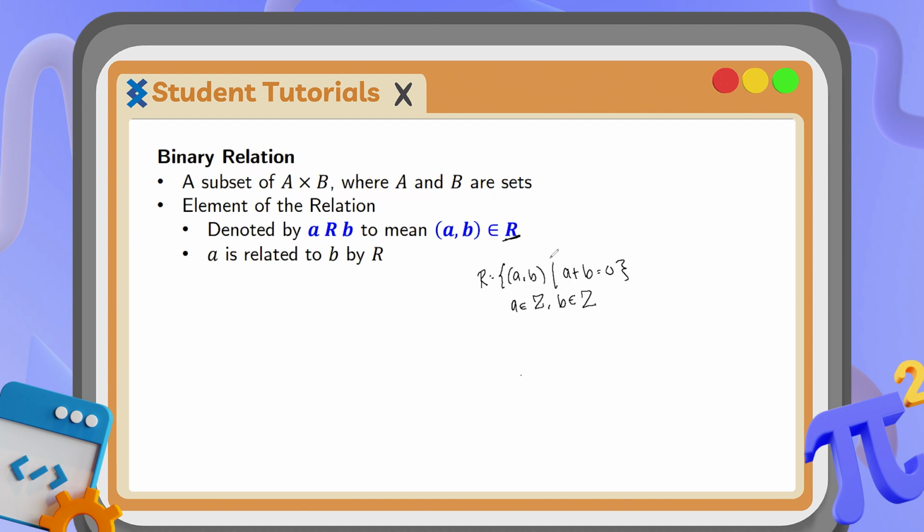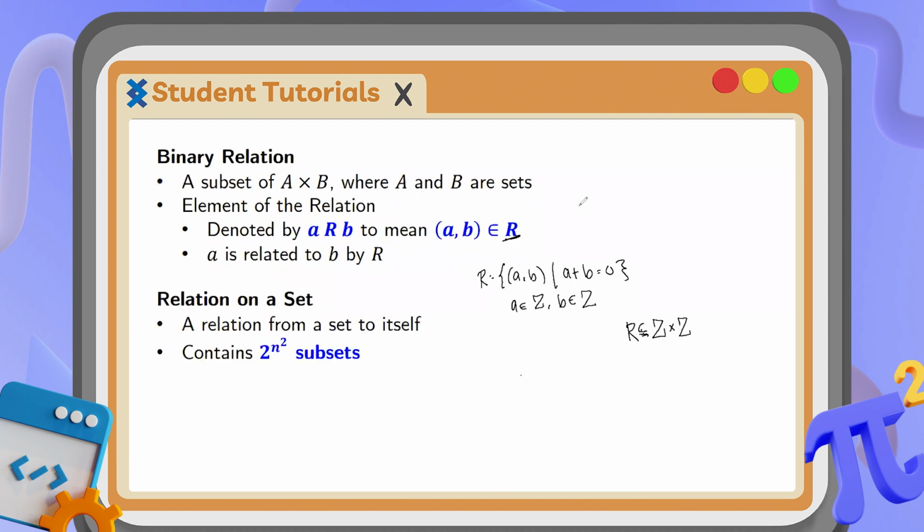That is an example of a relation, which is a subset of the Cartesian product of the set of integers with itself. Okay, that is an example of a relation.